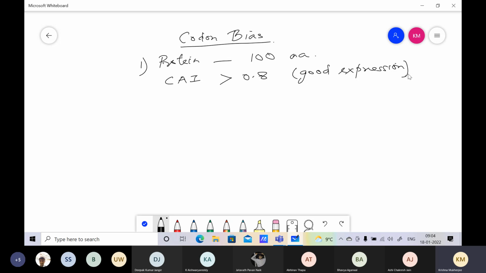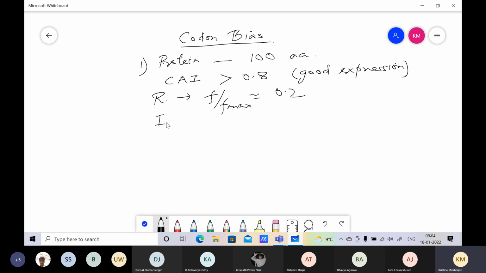Let us say that I have discovered that there is an arginine, R, which is coded for by a codon where F by F max, the frequency of usage of that particular codon upon F max, is, let us say, 0.2, some number.